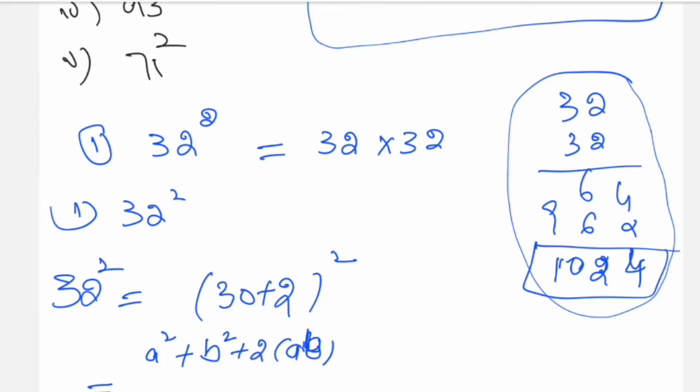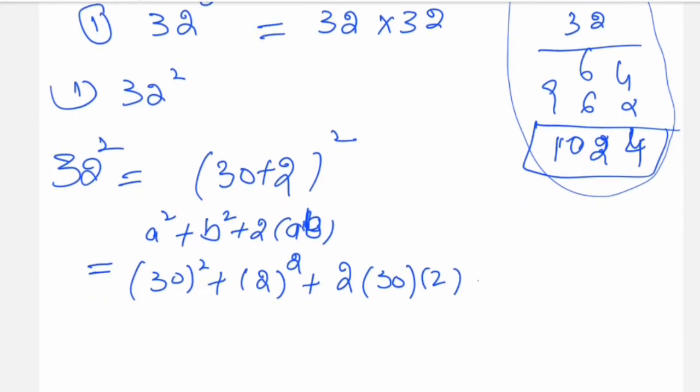A square plus b square plus 2 into ab. So 30 square plus 2 square plus 2 into 30 into 2. Now it's easy. For 30 square, when there is a 0, write 0 and take the square of 3, which is 9.